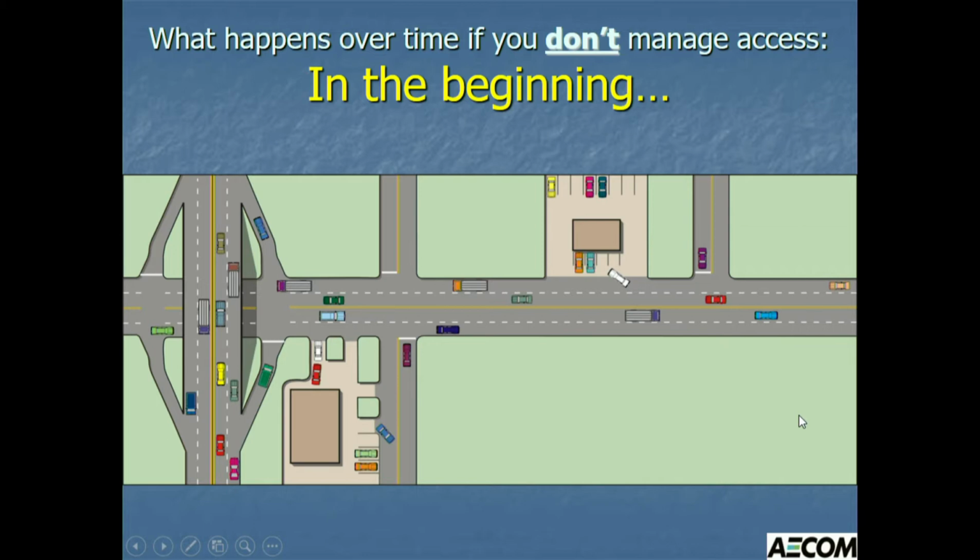But what happens is there are decisions being made, for example, allow this development to go in with parking in front of the business that actually backs up onto the roadway. Allow a gas station to go in over here, which is very close to the freeway ramp, and very limited, if any, corner clearance. But in a situation like this where the volumes are low, it really doesn't matter that much, you would think.